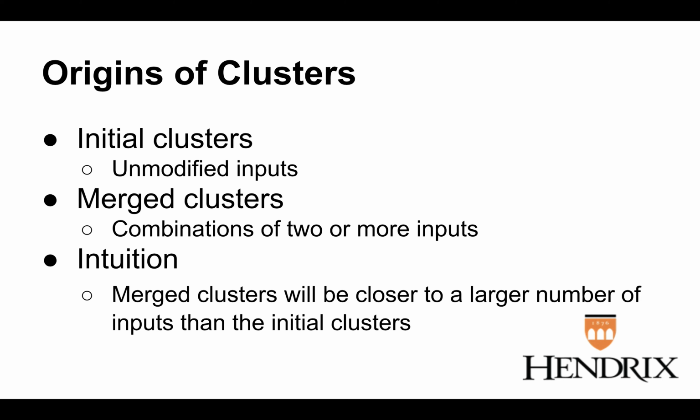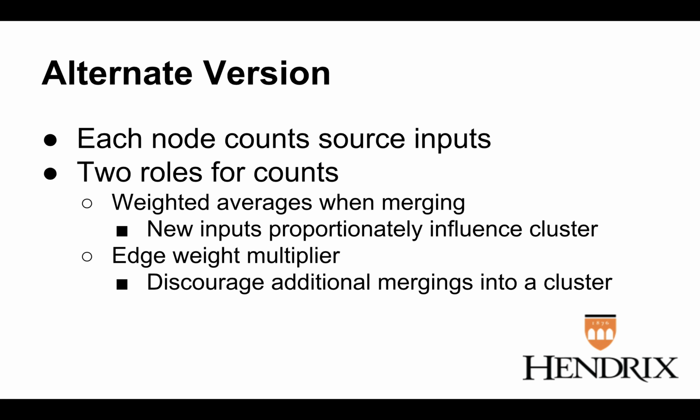These are fundamentally different kinds of things, because clusters which are the result of multiple merges should be closer to a larger part of the overall input space than clusters which are just the raw input samples. So I came up with an alternate version where each node maintains a count of the number of source inputs. This count is then used as a weight in two different ways.